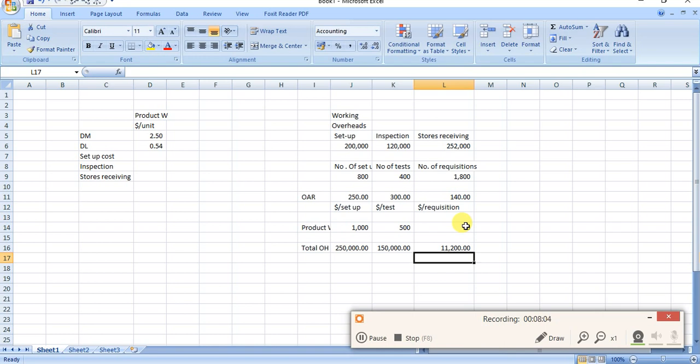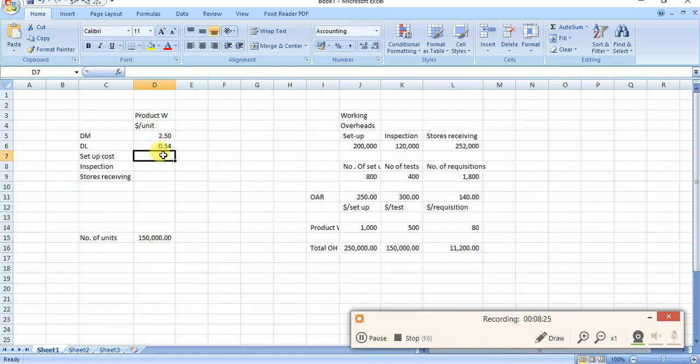Number of units we know 150,000. Let me write the number of units here, so that I don't have to type 150,000 every time. So setup cost per unit is going to be 250,000 divided by 150,000.